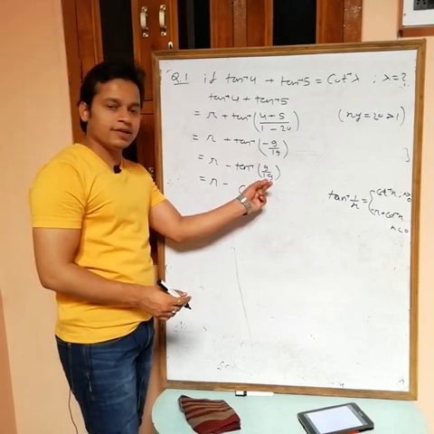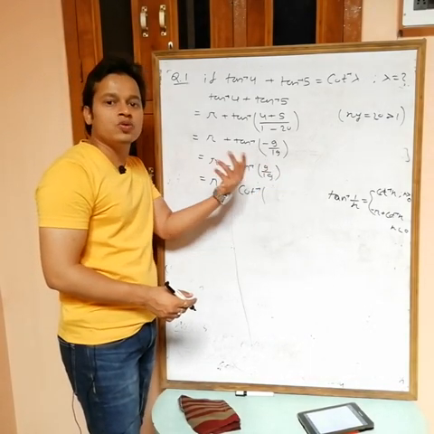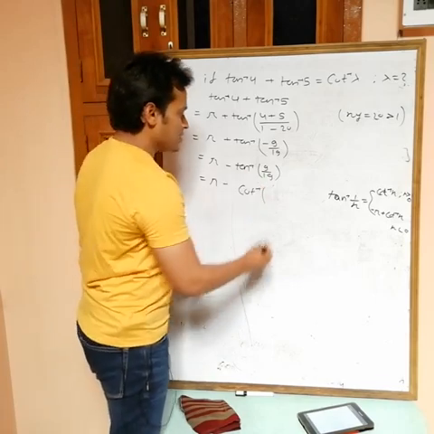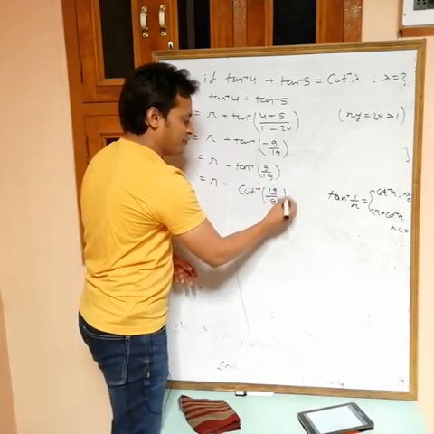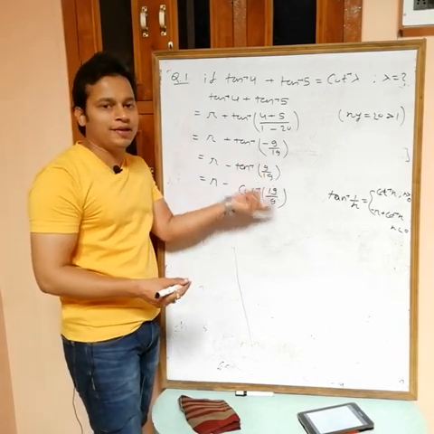But at this time x is positive. So tan inverse 1 by x is equal to cot inverse x, where x is 19 by 9, just the opposite of this one. If this is 1 by x, then x is 19 by 9.